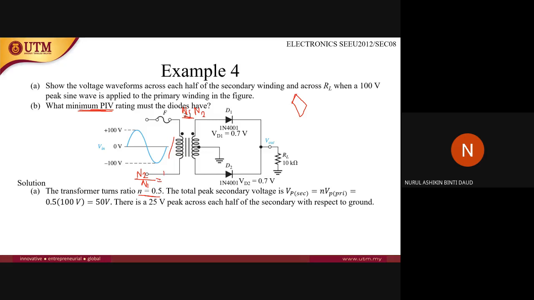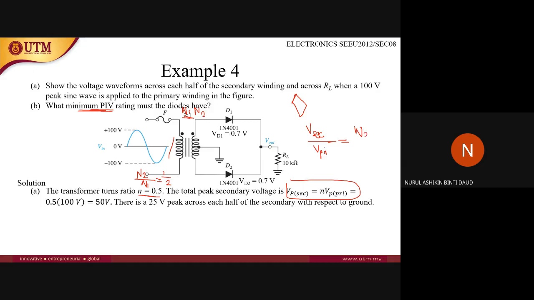So the total peak secondary voltage will be, how did you get this formula? From V peak secondary over V peak primary equals N2 over N1.